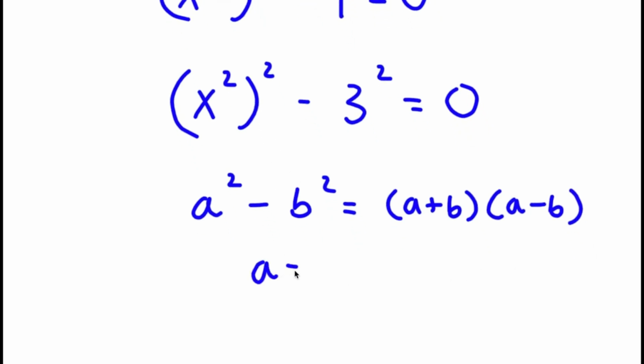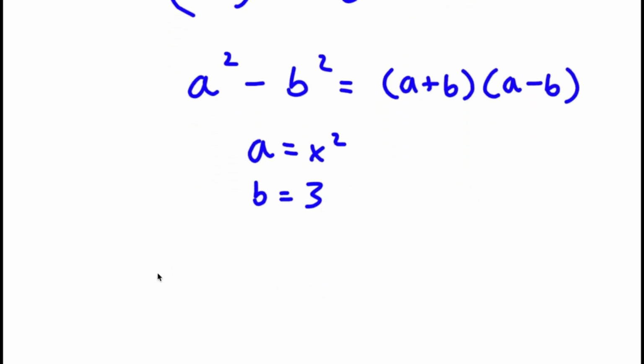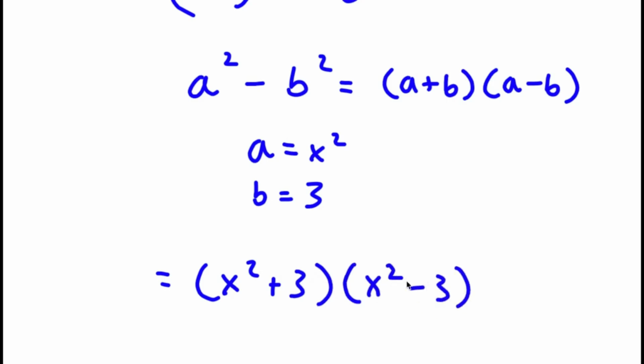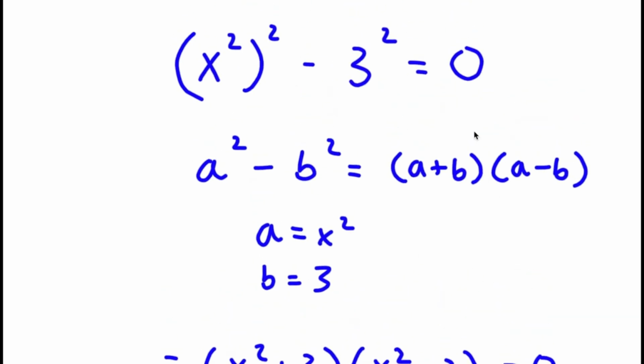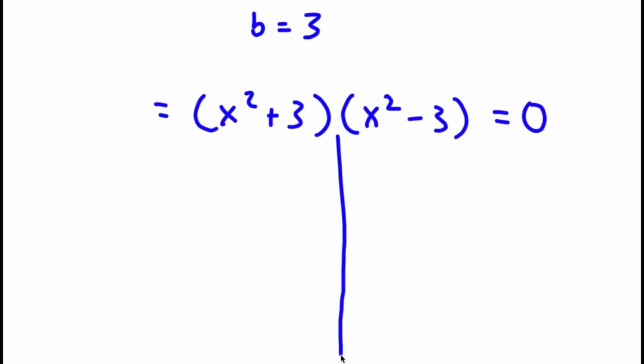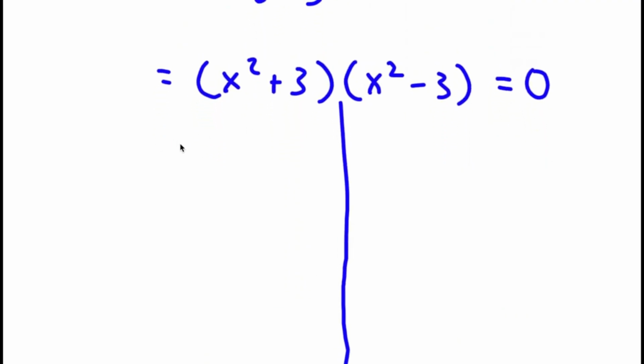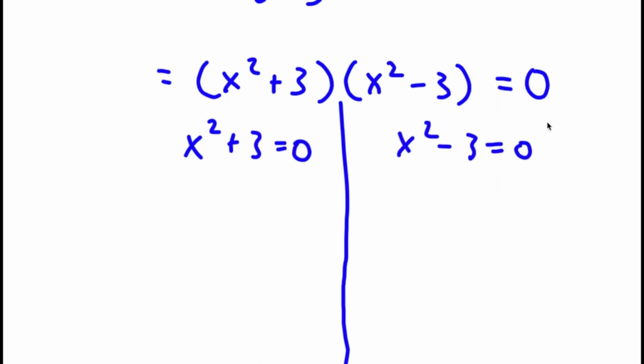In this case, a is equal to x to the power of 2, and b is equal to 3. So now I have x to the power of 2 plus 3 times x to the power of 2 minus 3, and this is equal to 0. Now I can split this into two equations. I have x to the power of 2 plus 3 is equal to 0, and I have x to the power of 2 minus 3 is equal to 0.